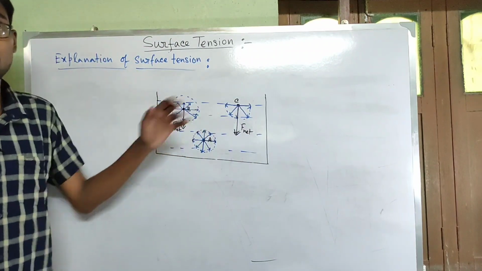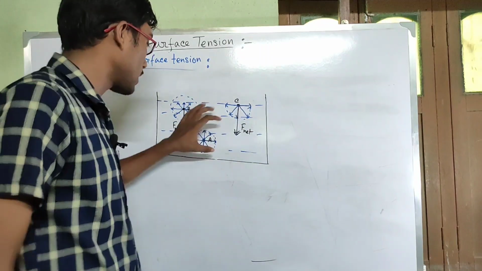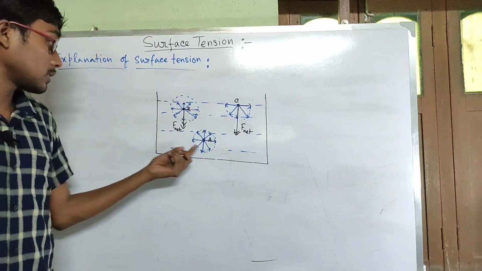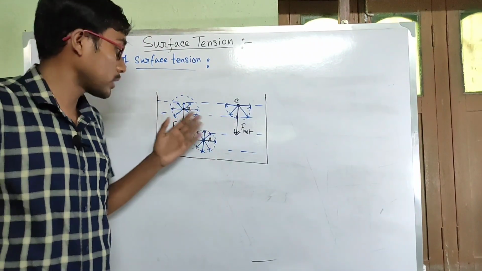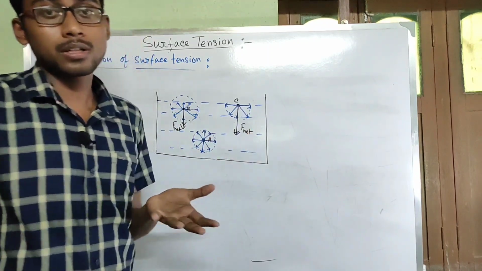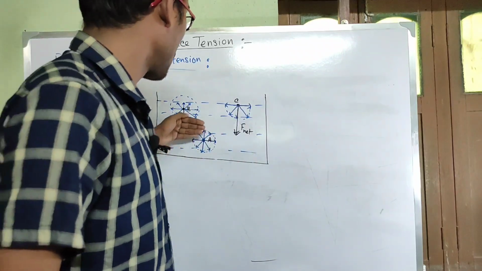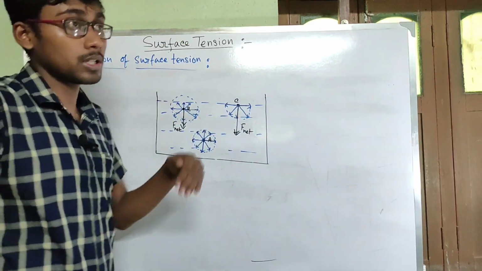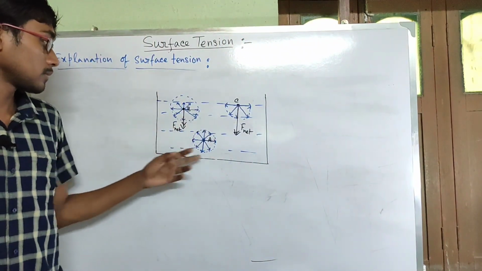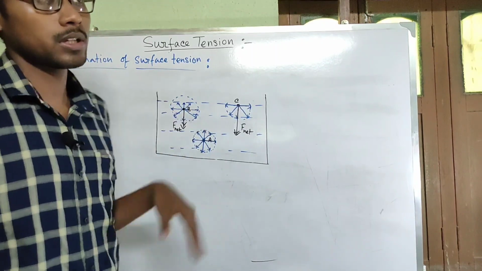Compared to the interior molecules, because when a molecule is well inside, the net resultant force acting on it is 0. That means these molecules have no potential energy, and no external work is needed for them.